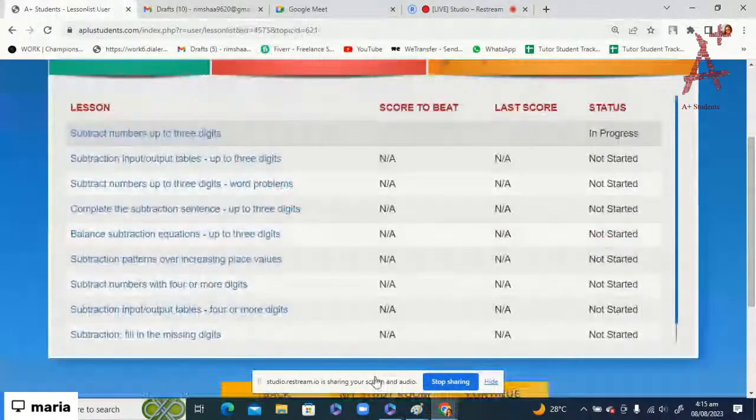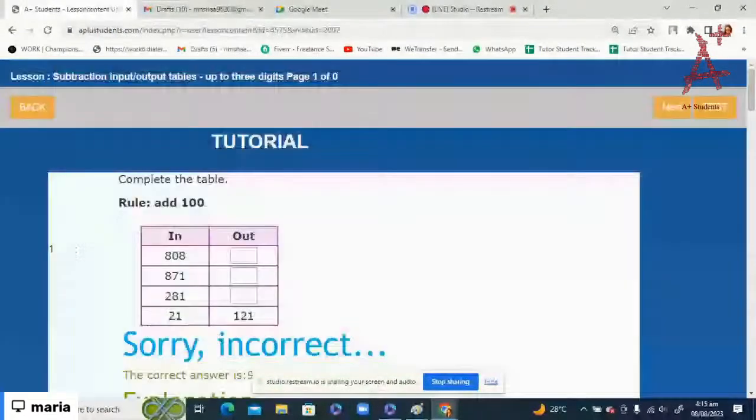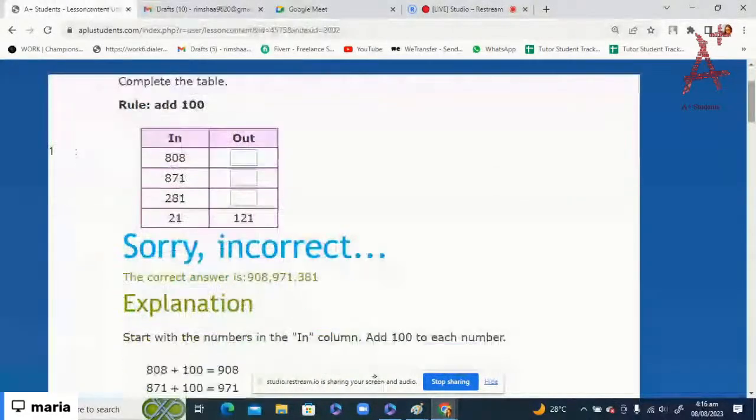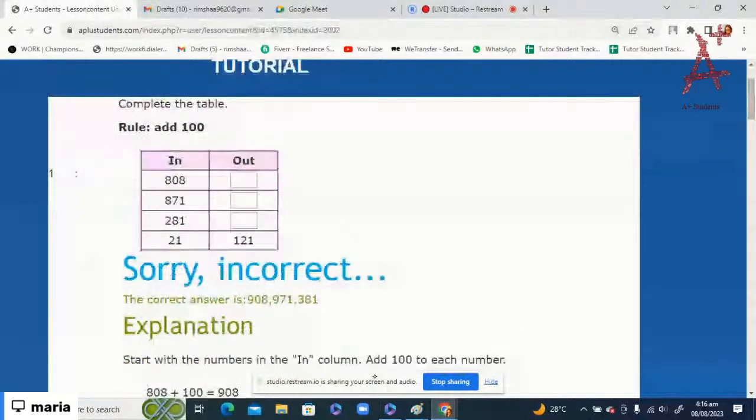Lesson 2, subtraction input output tables up to 3 digits. All right. Look here. Complete the table. And they also mentioned the rule here. Add 100. First draw the table here.